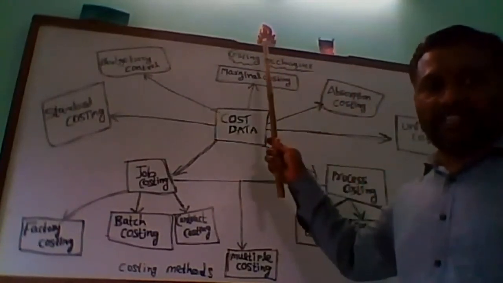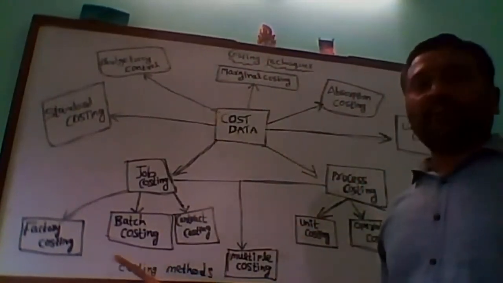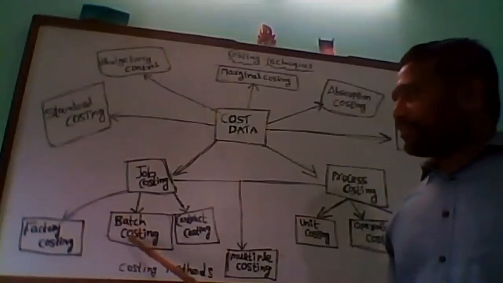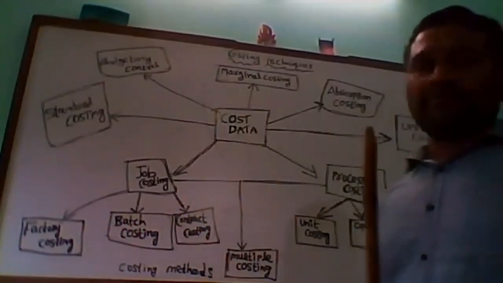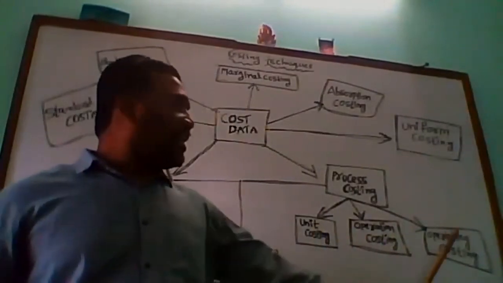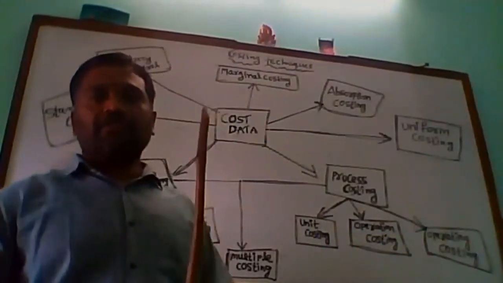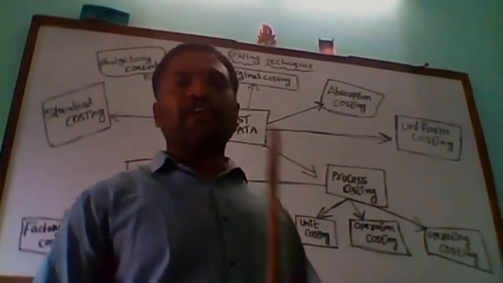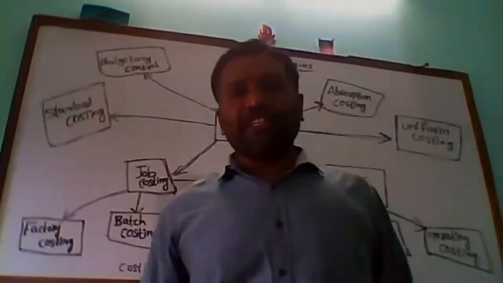And the costing methods are factory costing, batch costing, contract costing, and unit costing, operation costing, and operating costing.